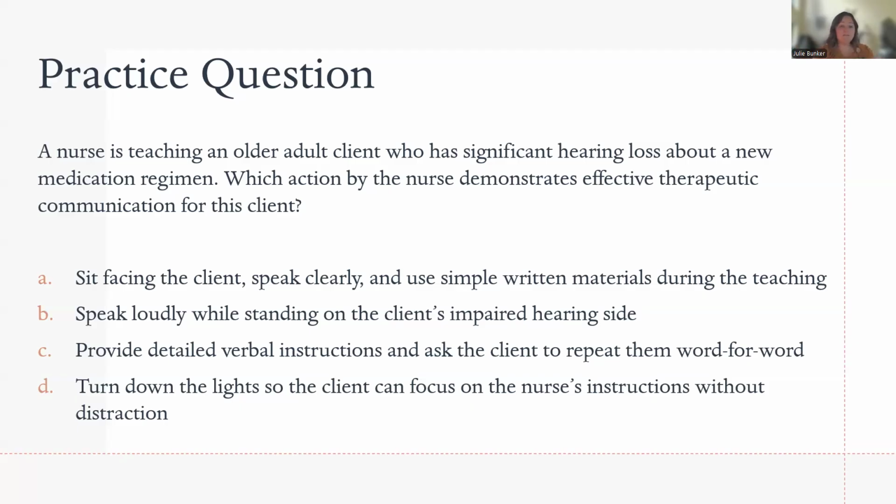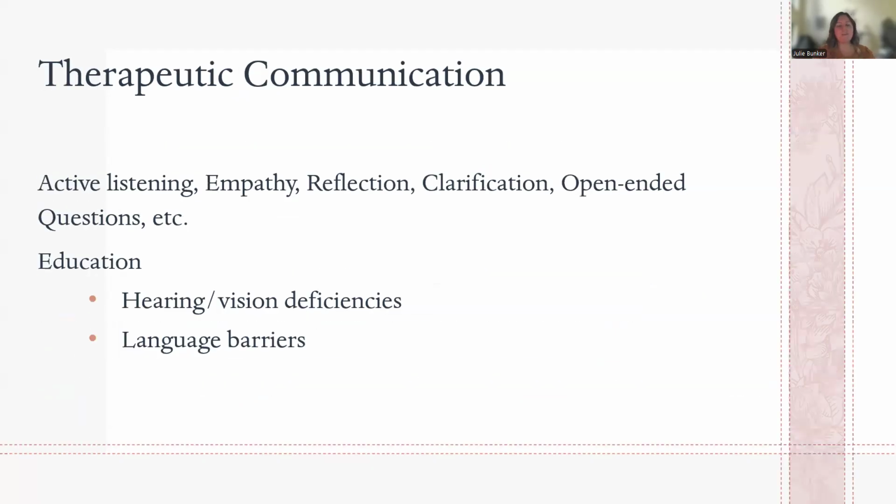You never know. And then you're going to want to look for a family member or a proxy of some sort to help give instructions to as well. All right, but we know speaking loudly doesn't do anything. It actually increases the pitch of your voice, and typically makes you talk a little faster too. Not helpful.